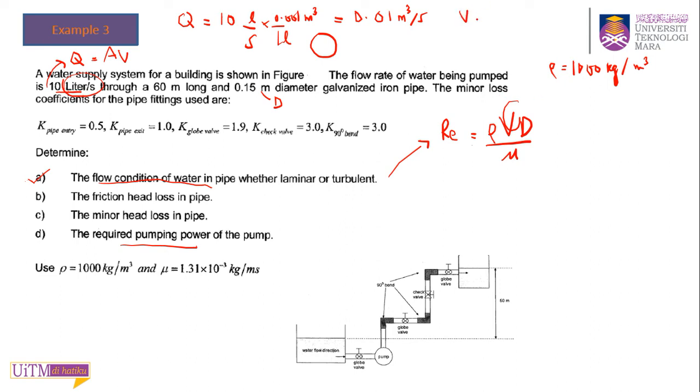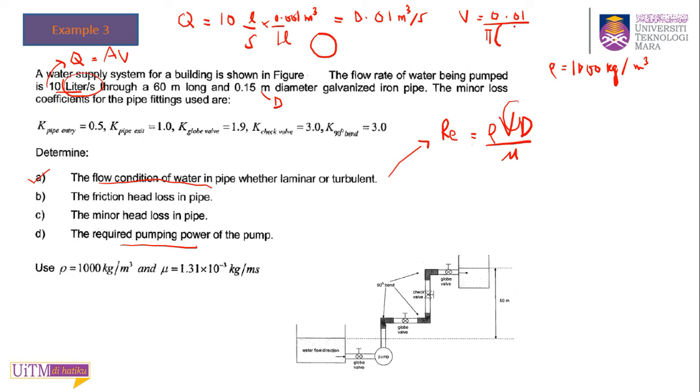So V will be equal to 0.01 divided by the area. They have the area for this galvanized iron pipe from the diameter. This means the pipe is constant diameter. The cross sectional area of the pipe is constant. There is no smaller pipe or whatever, only the same constant diameter.